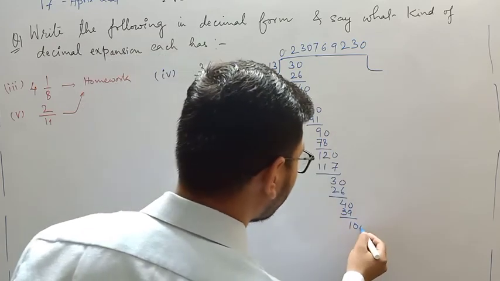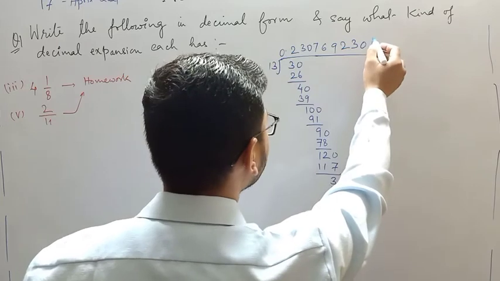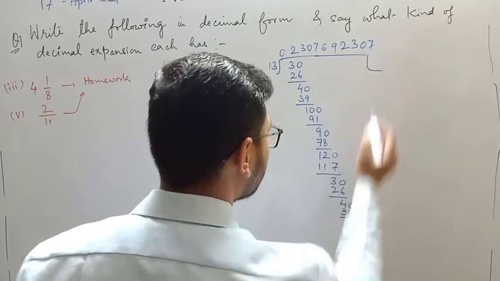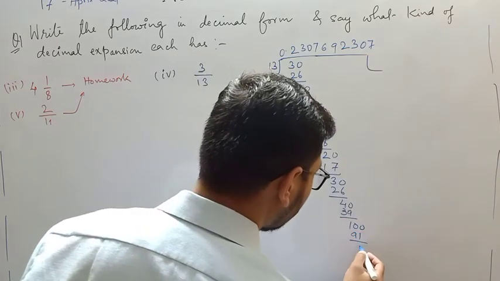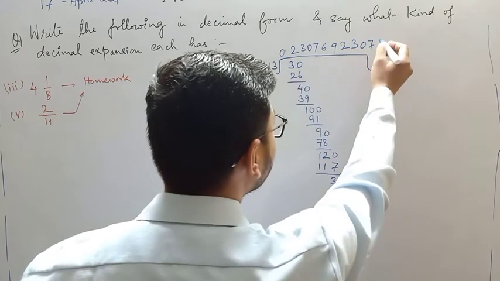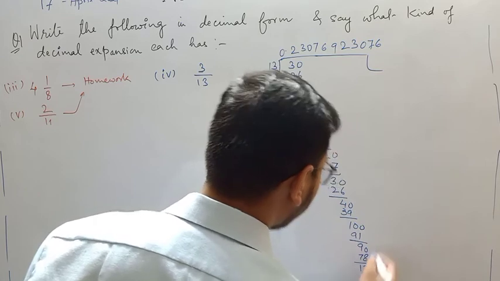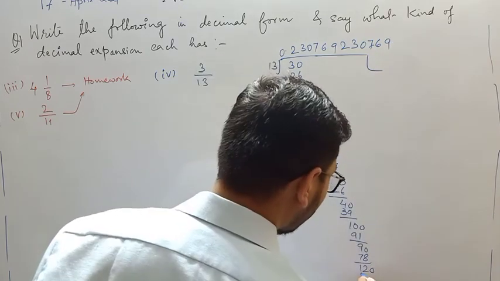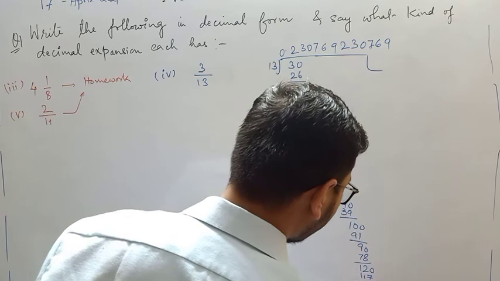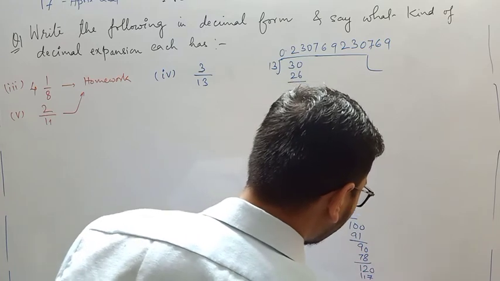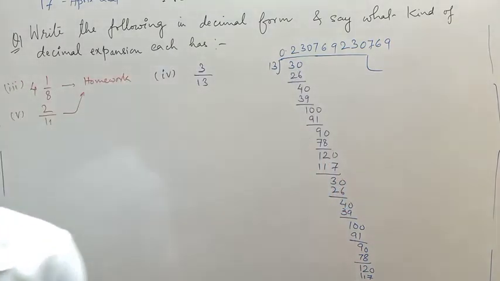Okay, again 0. So 13 7s are 91, it's 90. 13 6s are 78, 120. 13 9s are 117, and the remainder is 3, and so on. Right, please note it down fast.